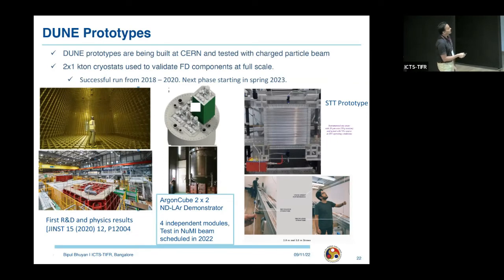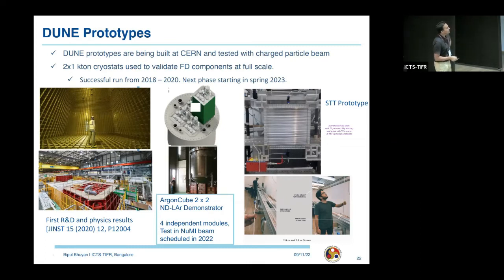We had a successful run in the period 2018 to 2020, and the next phase of this program is starting in spring of 2023. That's the prototype being built at CERN, and a physics result has already come out recently, in 2020, based on this program.